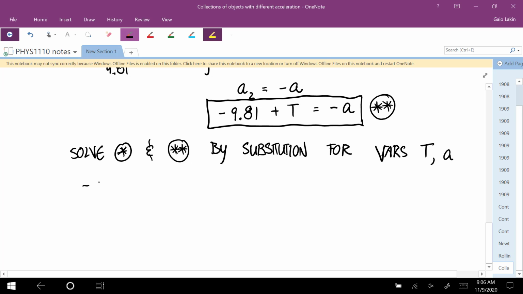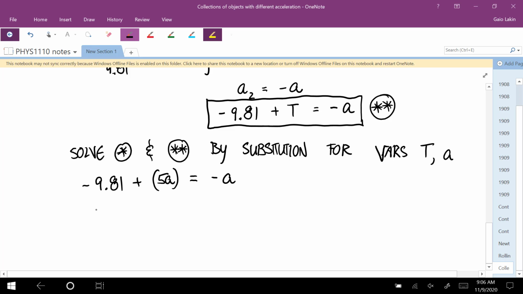And we get now negative 9.81 plus 5A, where I replaced the T with the 5A, is equal to negative A.